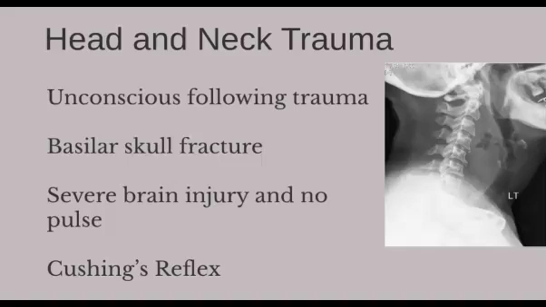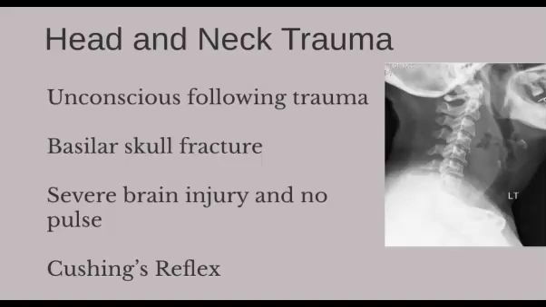Okay, so a basilar skull fracture. Classic signs of that are going to be raccoon eyes, so you have bruising around the eyes, or behind the ears, and those are Battle's signs.